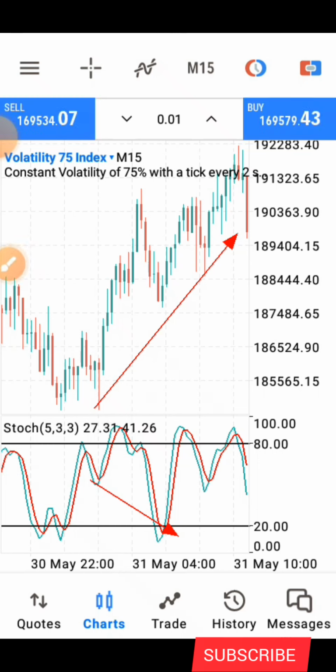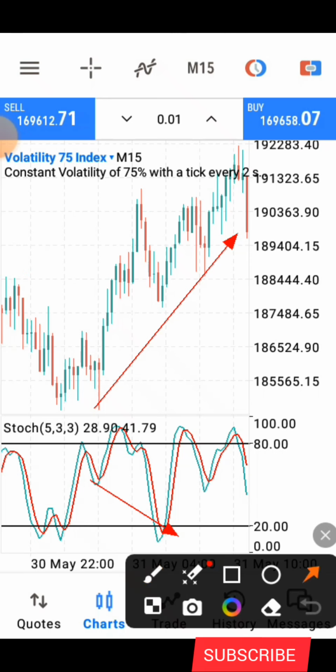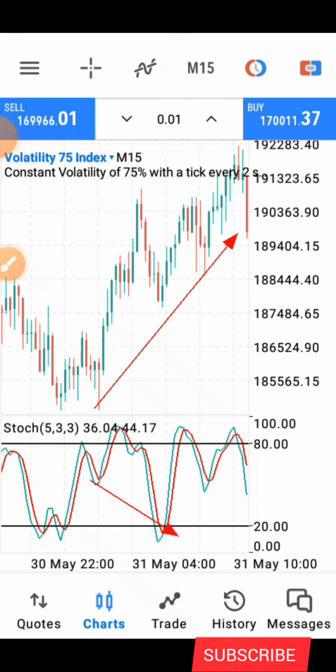All right, so now you see that the indicator window here got to the 20 level. So here you are going to be looking for a buy opportunity, right?